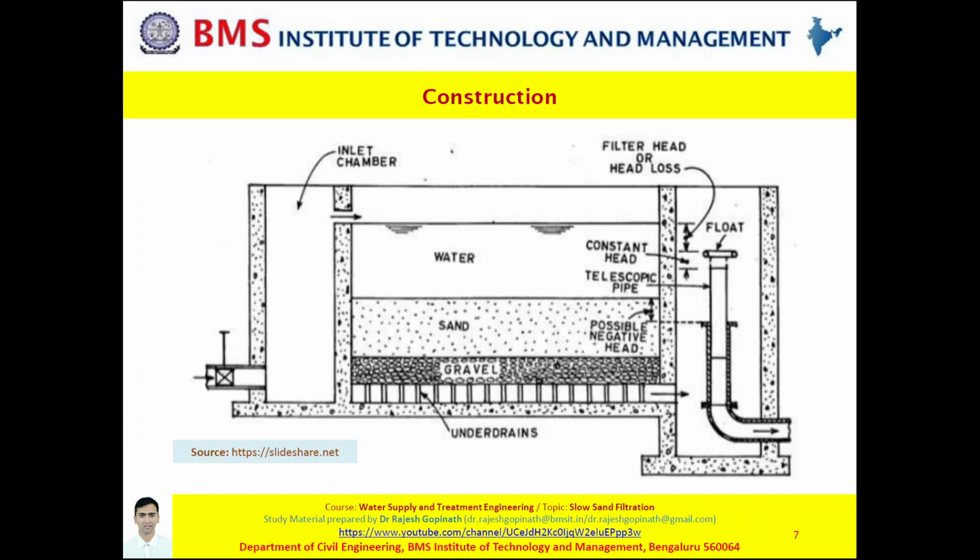The filter media, that is the sand, is generally laid to a thickness or depth of 90 to 110 centimeters, and as you know, it is laid over the base media, which is gravel. The effective size for this filter media is about 0.20 to 0.30 millimeters, and the uniformity coefficient is about 2 to 3.